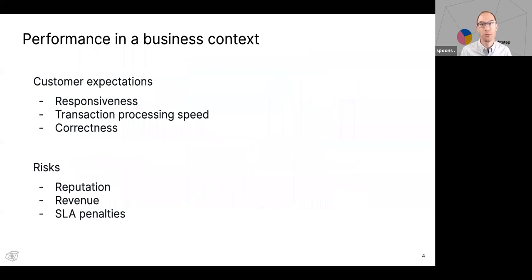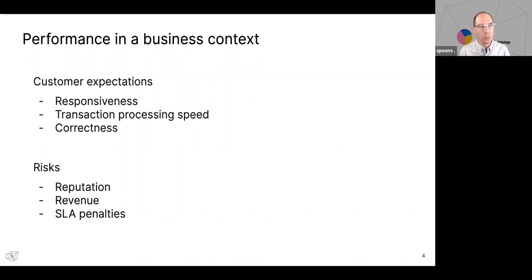I also like to put performance in a business context. Maybe you all do this all the time, but just to give some explicit context: performance is important partly because of the expectations that our customers have. They might have expectations around the responsiveness of the application or the speed with which transactions are processed. They might also be concerned about correctness, maybe different kinds of correctness, but that can be important to them.